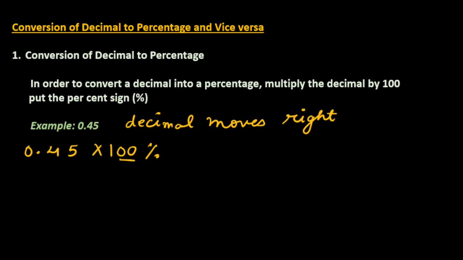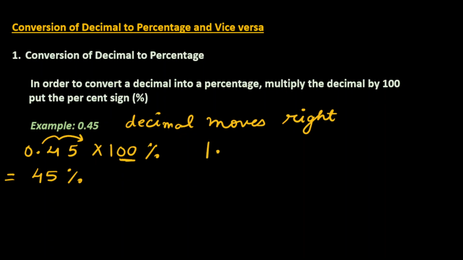So now two zeros are there, so it will move two places towards the right. So this is 1, this is 2. So 45%.